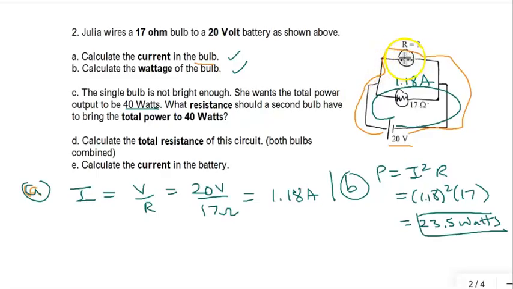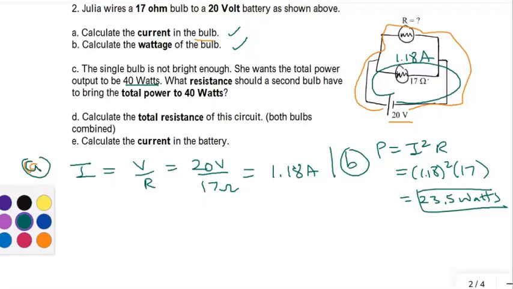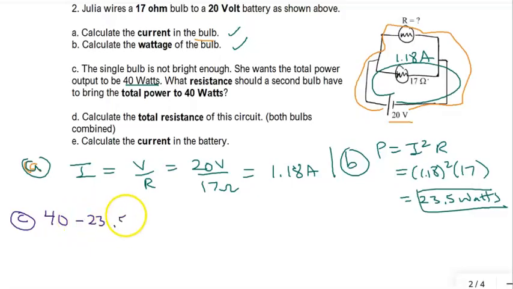So then we have to figure out what other resistance we should plug in. So again, this is a little bit more of a think about everything that's going on. We want 40 total. So let's figure out how much this bulb has to be. So 40 minus 23.5, we need this bulb to be 16.5 watts.